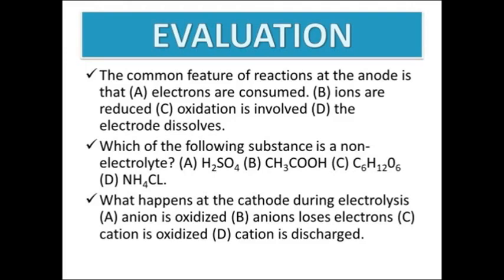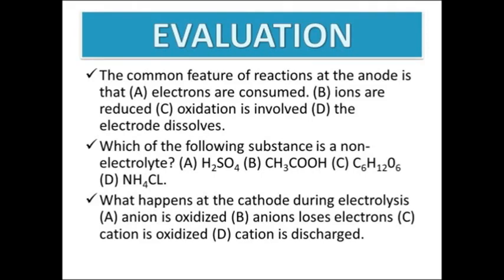So this is an anion, because this is an anode ion. Then those that migrate to the cathode are called cations, meaning cathode ions. So we say anion is oxidized. No, we don't talk of anion at the cathode.